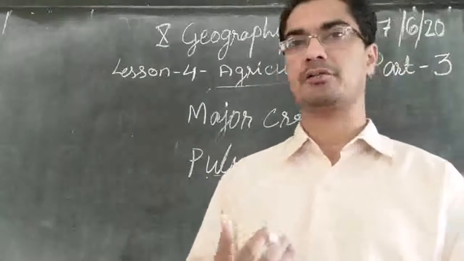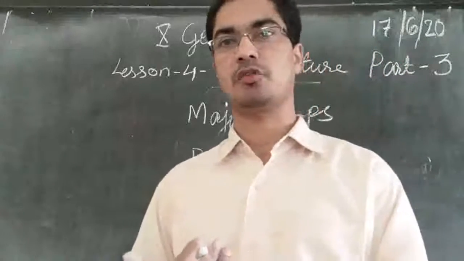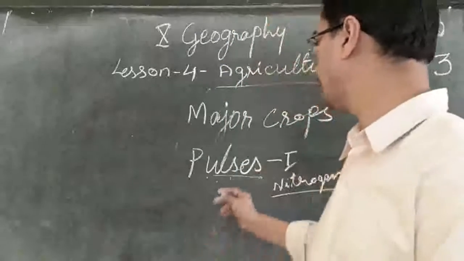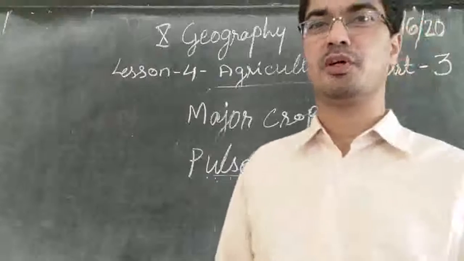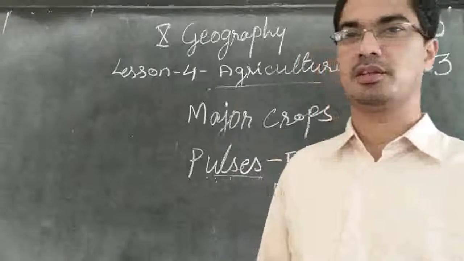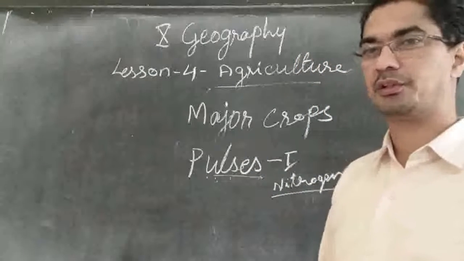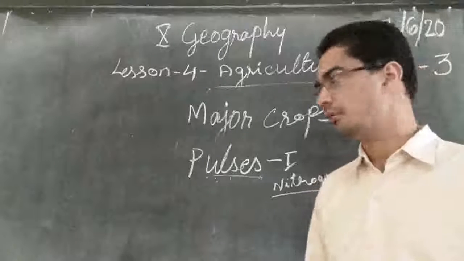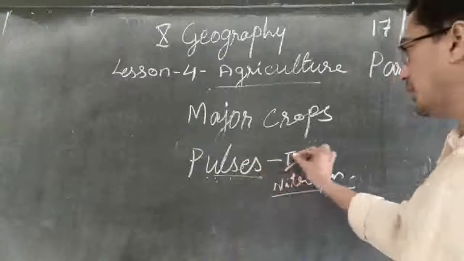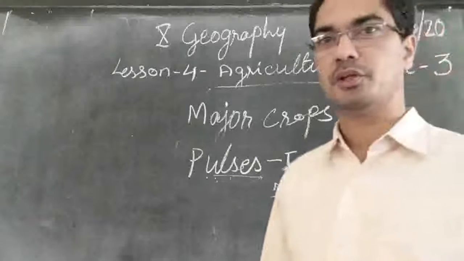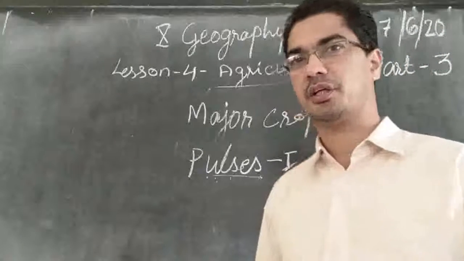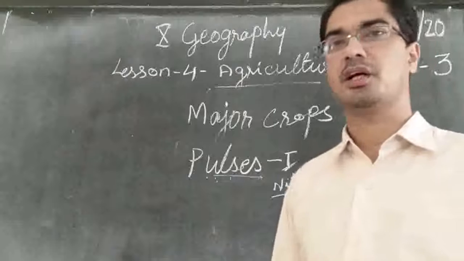In rice we have second rank, China has got first rank. Then in pulses India has got first rank, not only in producing but also in consuming. India has got the first position in the world, and therefore eating these pulses provides a lot of nutrition to the people.